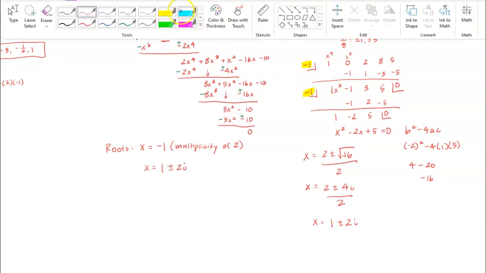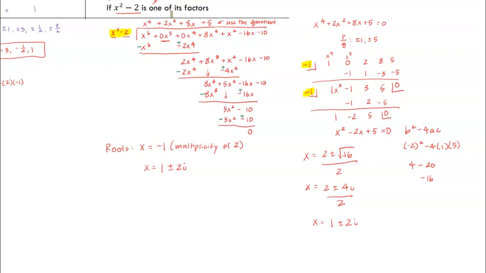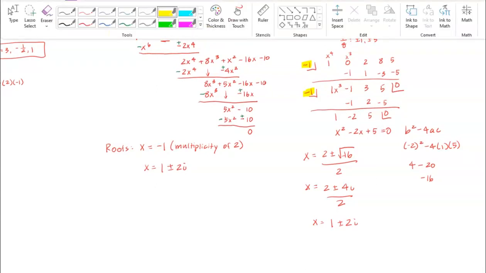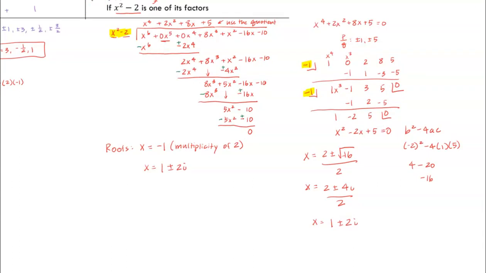And then don't forget this up here, x squared minus 2. We also have to do that. So to find x squared minus 2, we set that equal to 0. X squared equals 2. Square root of x squared equals plus or minus the square root of 2. So x equals plus or minus the square root of 2.